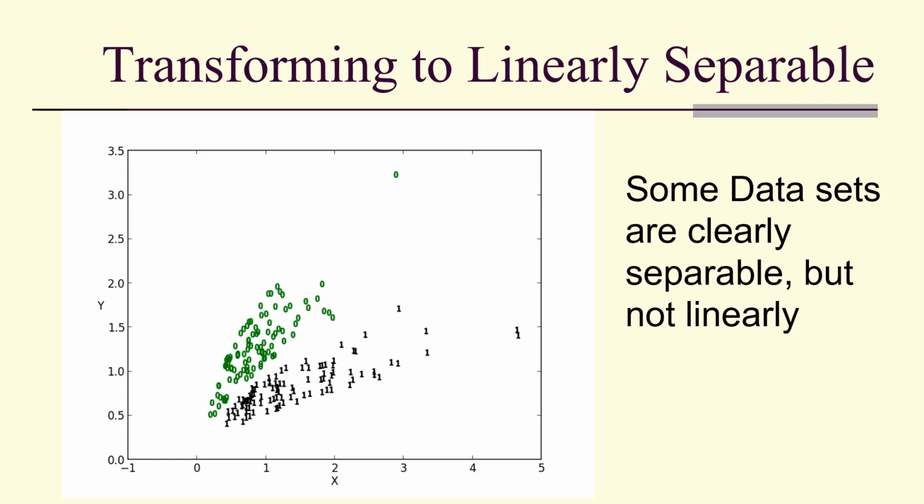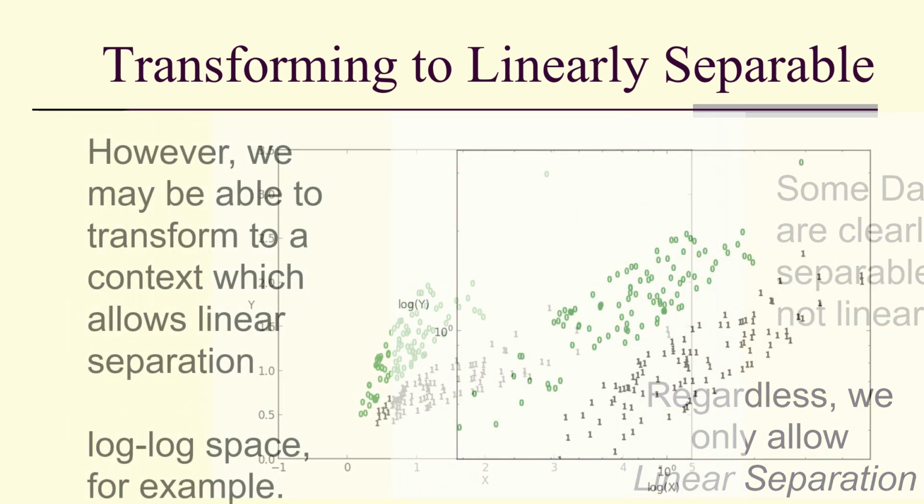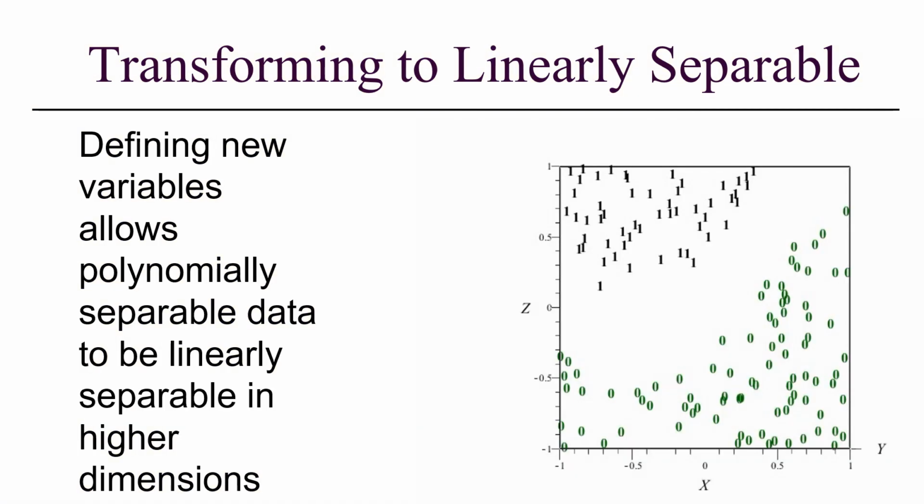So for example, this data is clearly separable, but not with a straight line. But notice that we could take log space of this data, logarithms instead of actual x's and y's, and notice now we have separable data. We could define new variables, which allows polynomially separable data to be linearly separable in higher dimensions. So here we have data, and it can be separated by z equals x plus x squared.